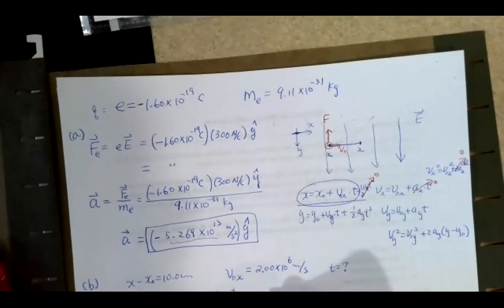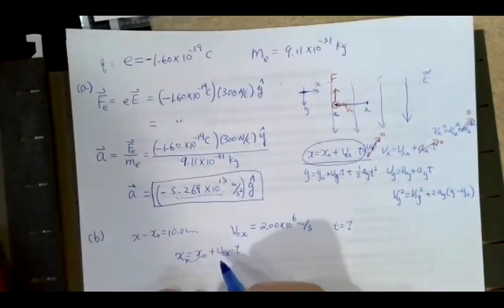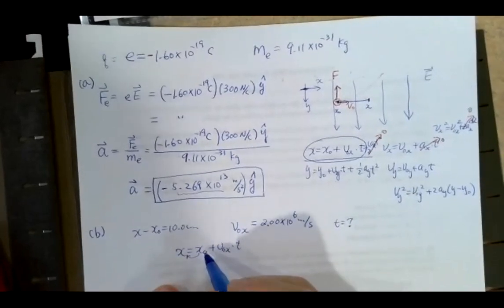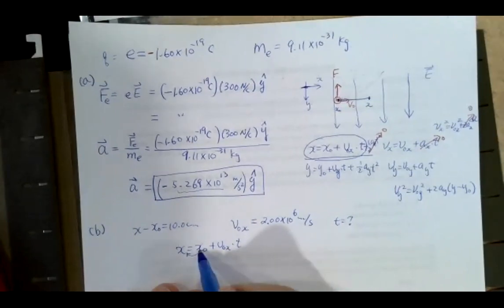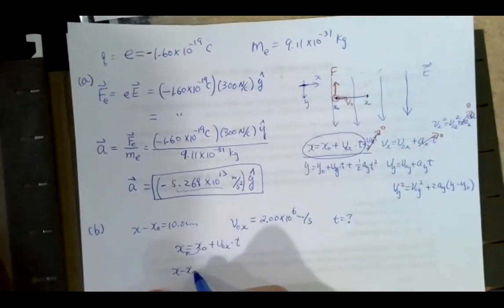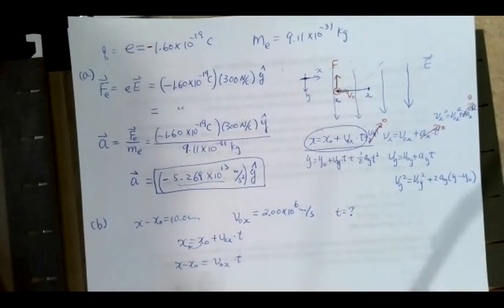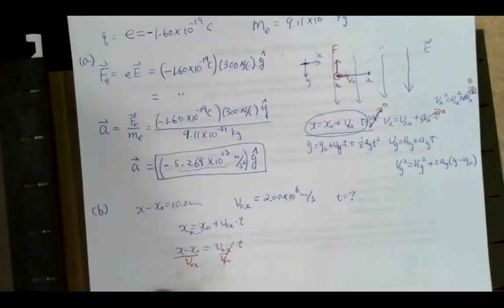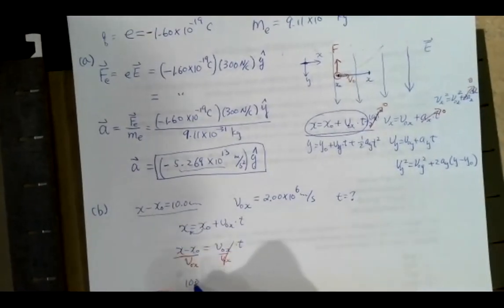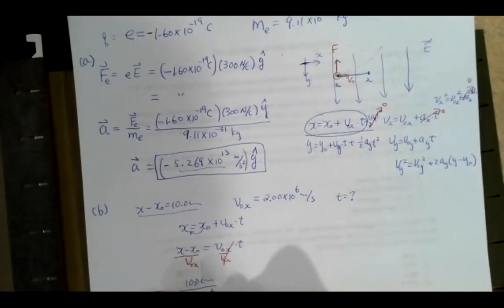You're solving for t, so move x naught to the left hand side. x minus x naught equal to v0x times t. So t is equal to x minus x naught divided by v0x. x minus x naught is 10 centimeters, divided by v0x, 2.00 times 10 to the 6 meters per second.